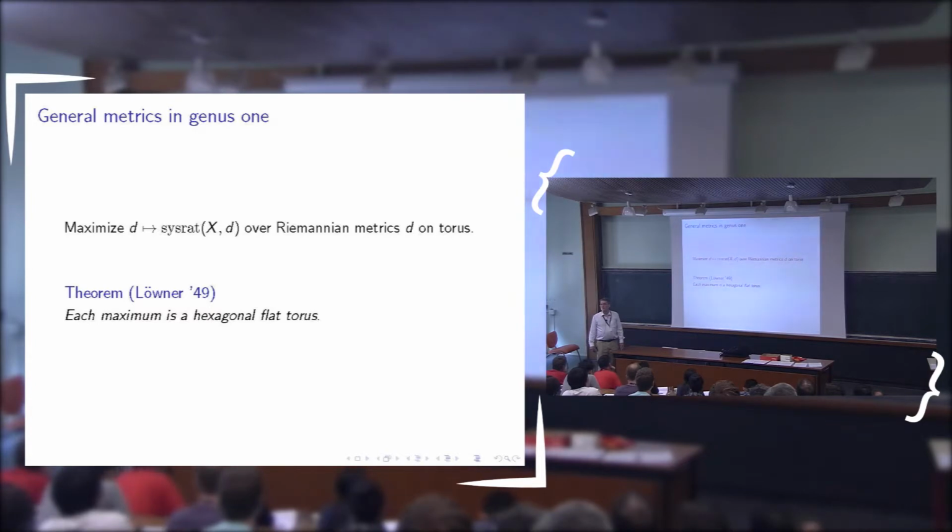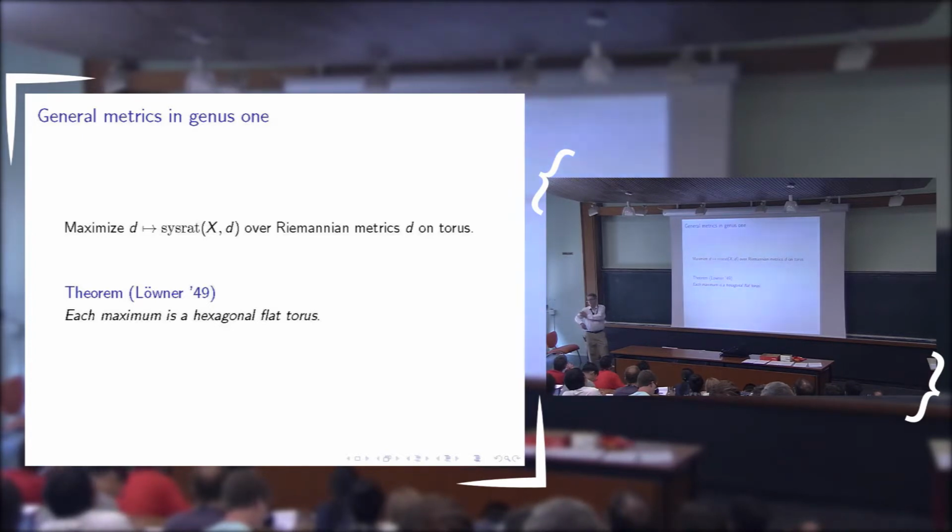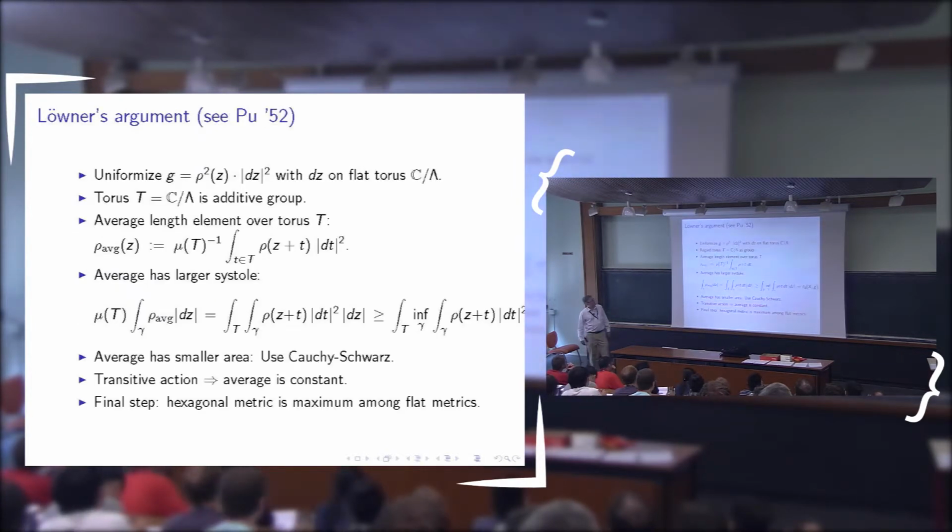Okay, so that was the first. He actually didn't publish it. It's mentioned in his student's thesis, and the student does it for some other small complexity surfaces like the projective plane, et cetera. But he never actually put a proof in.